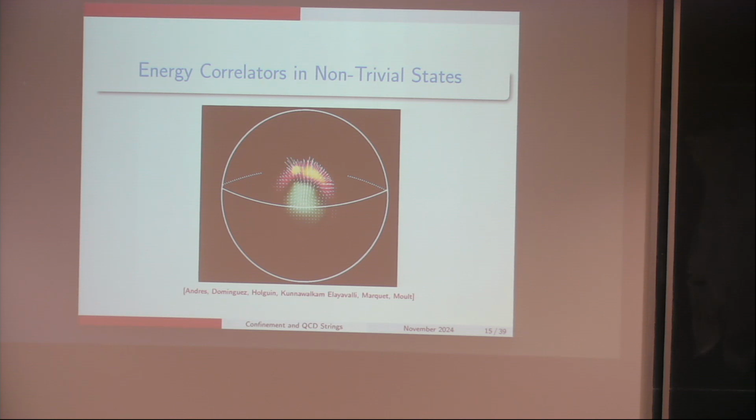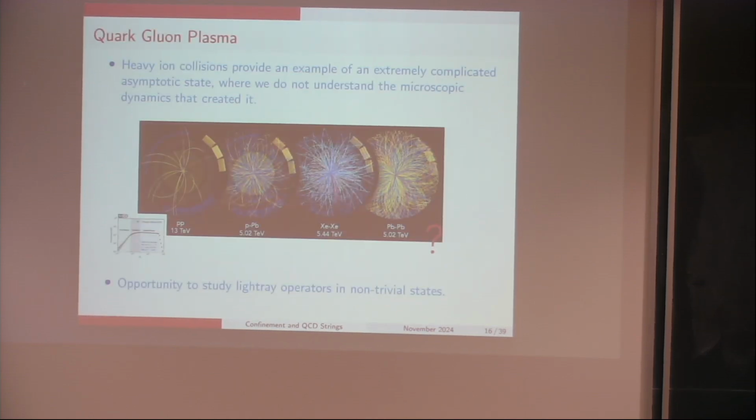Okay, so now one thing which has come out very recently, in the last month or so, is the ability to start measuring these in more complicated states. At collider experiments, you also have the possibility not just of proton-proton collisions, but of much more. You can keep going up: proton-lead, xenon-xenon, lead-lead, and you get these increasingly more complicated collisions where you start to actually form quark-gluon plasma.